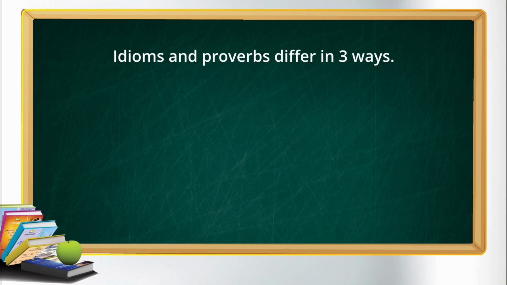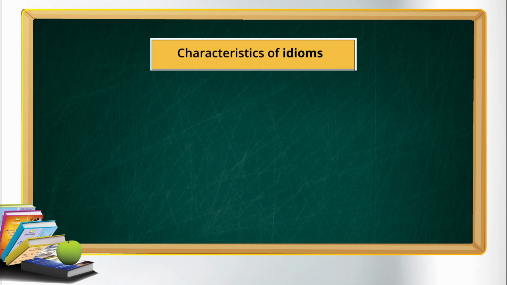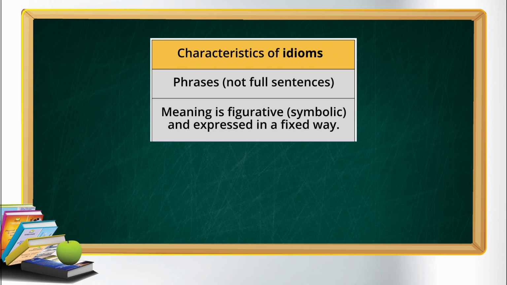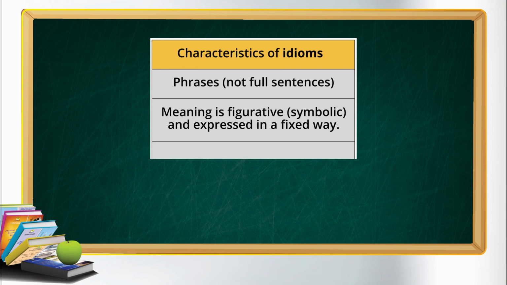But now, how do we distinguish them, one from the other? Very easy. We'll start with idiomatic expressions. An idiom is a set expression, but a phrase only, not a full sentence. Secondly, an idiomatic expression is figurative or symbolic and is always expressed in a certain way to convey the same specific meaning every time.